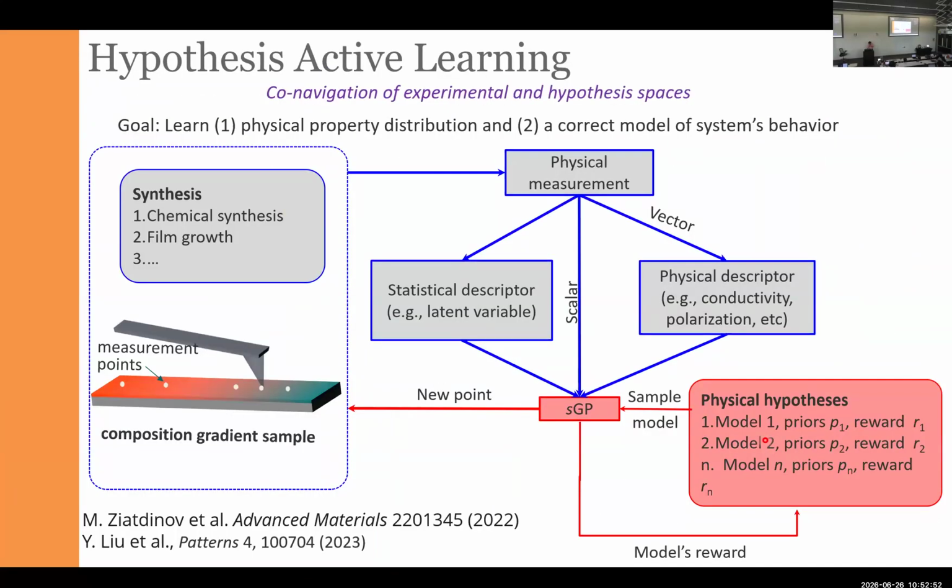Just the last thing before the break, let me illustrate how Gaussian processes can be combined with the bandit type of problem. This is the scenario when you have several hypotheses, and you need to figure out which of the hypotheses is correct. So how are you going to do that?